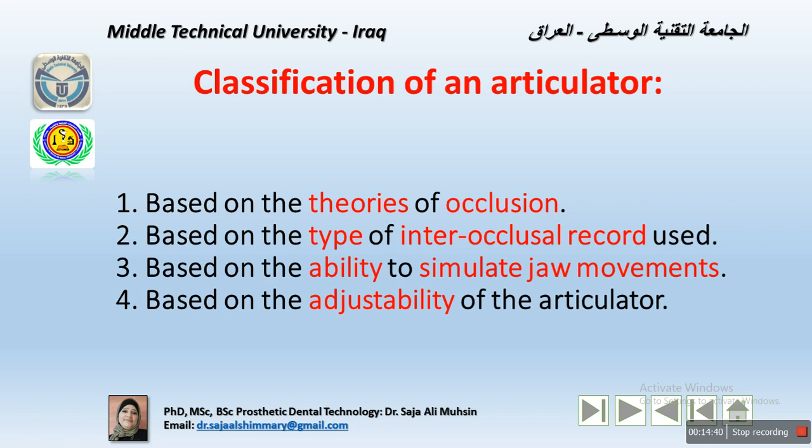Third, based on the ability to simulate jaw movements, that means opening and closing, moving right and left, giving a protrusive, backward and forward movement for the lower part or the upper part, it depends. And finally, based on the adjustability of the articulator, okay?